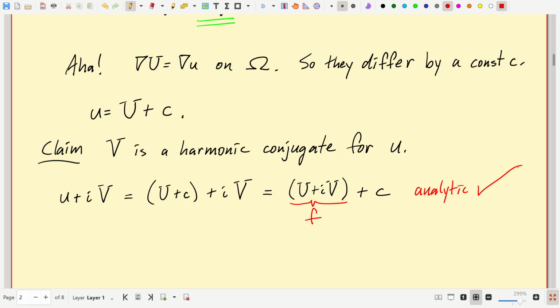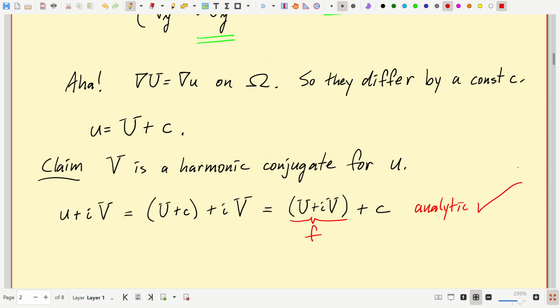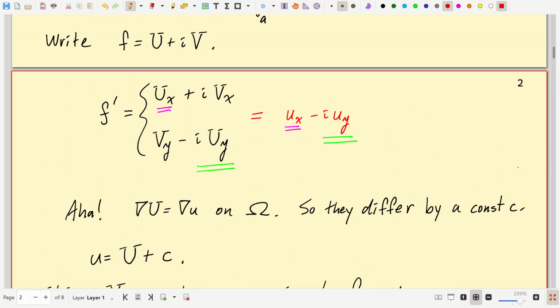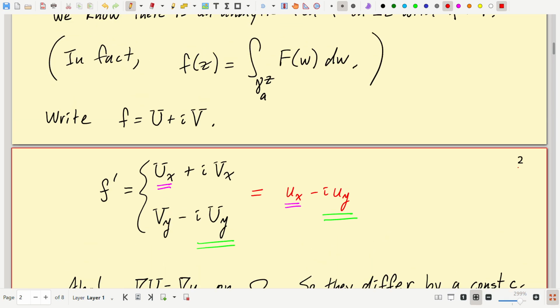And by the way, if I wrote this, Mike, that integral formula I had for my little f, that capital F was equal to du dx minus i du dy. And if I wrote that in and made it into real integrals, this would be exactly the same integral you'd use to find a potential function in physics.